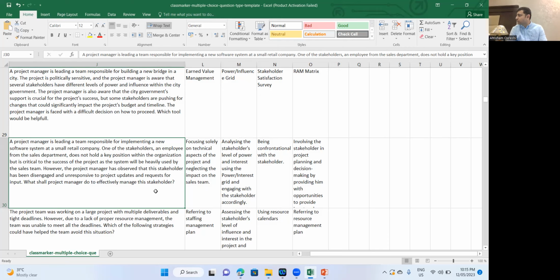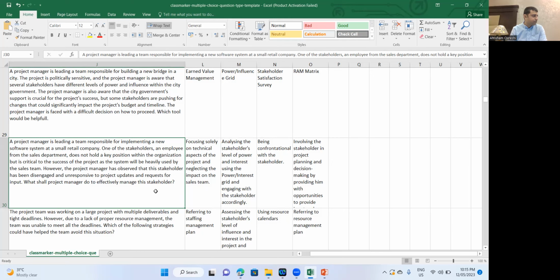However, the project manager has observed that this stakeholder has been disengaged and unresponsive to project updates and requests for inputs. What shall the project manager do to effectively manage this stakeholder?